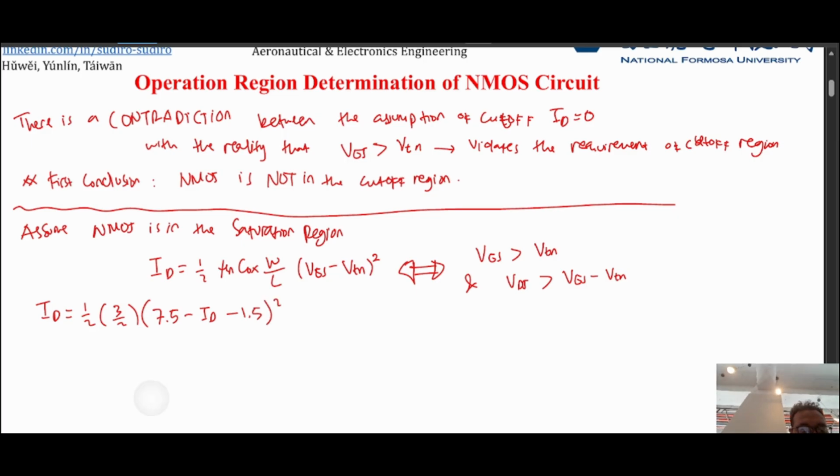So we will get 4 ID equal to 3 times (6 minus ID) squared. 4 ID is equal to 36 minus 12 ID plus ID squared.